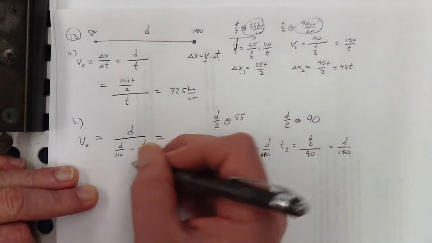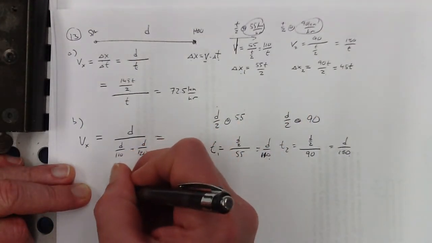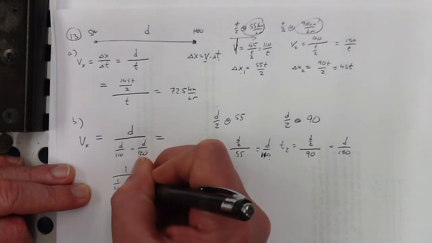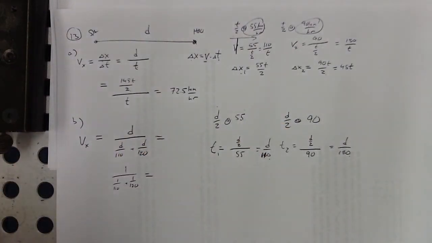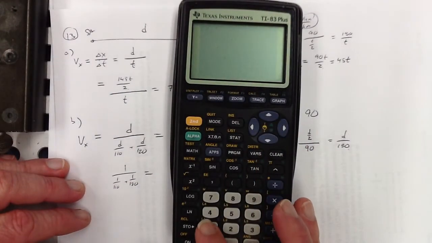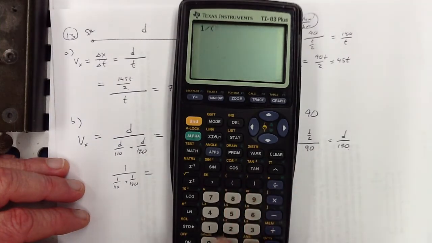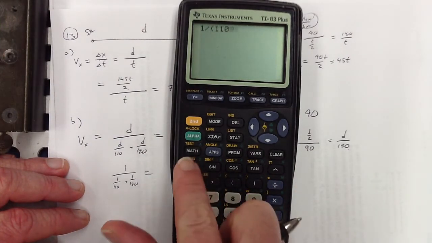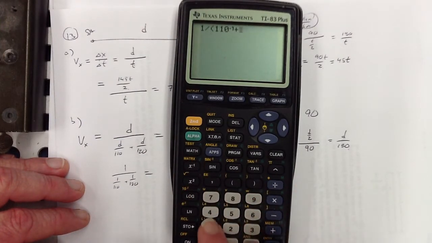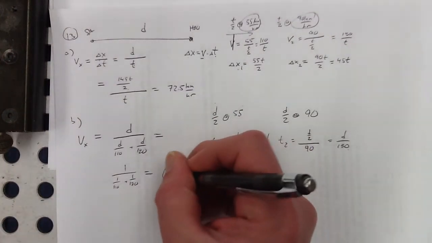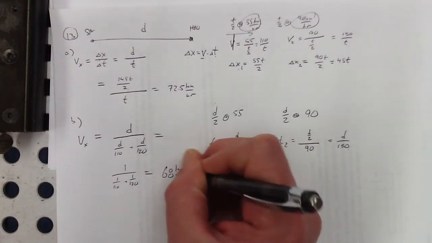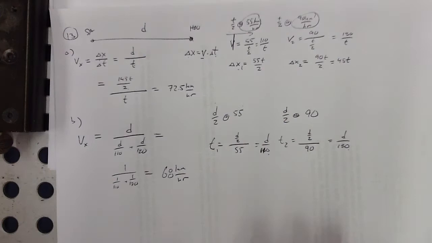Basically, I end up with this fraction: 1 over 110 plus 1 over 180. And you can jam that into your calculator. 1 divided by 110 upside down plus 180 upside down. That's about 68.